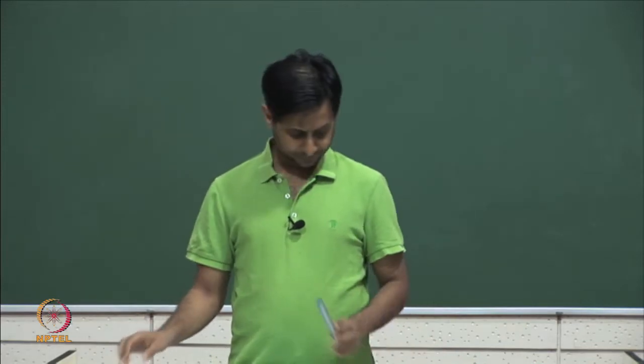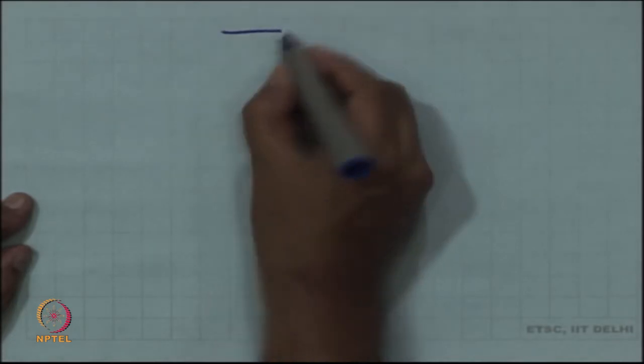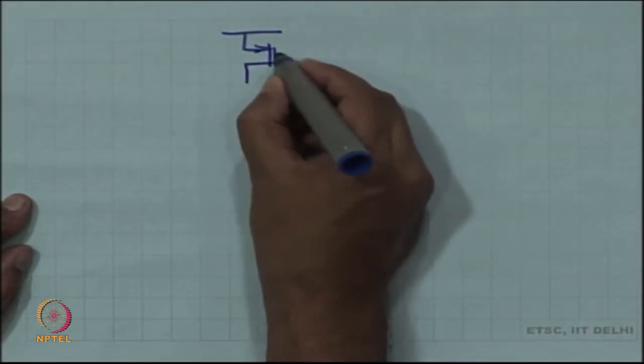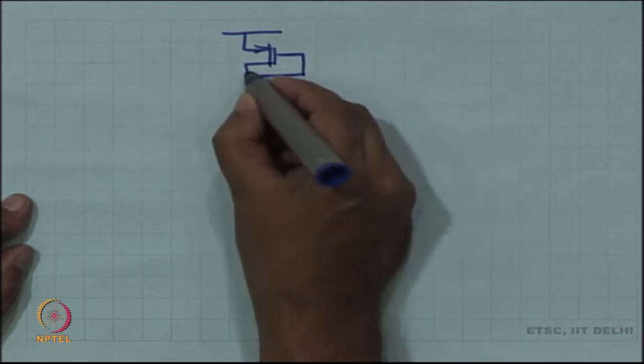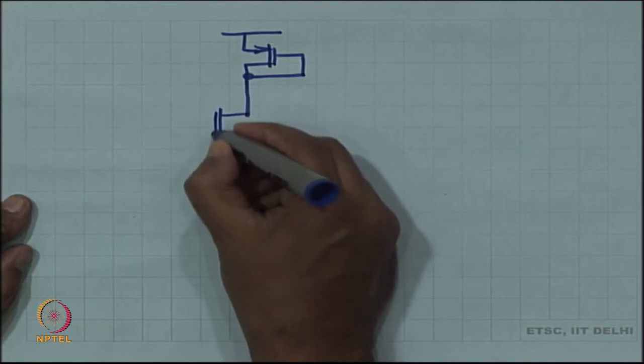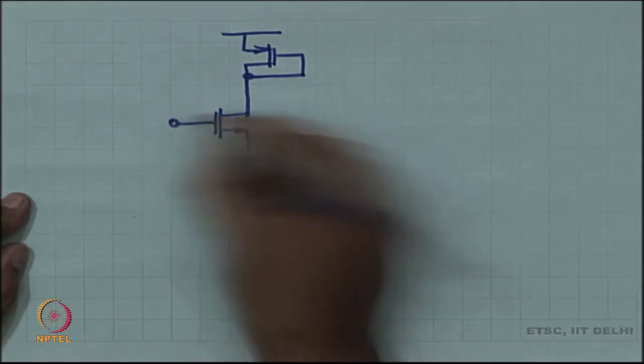The way you are going to do the brute force analysis is like this. This is my top PMOS, which happens to be diode connected, and this is my input.